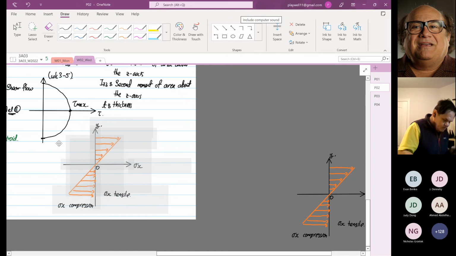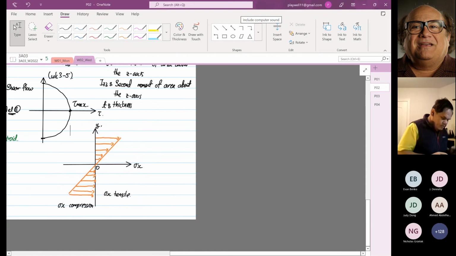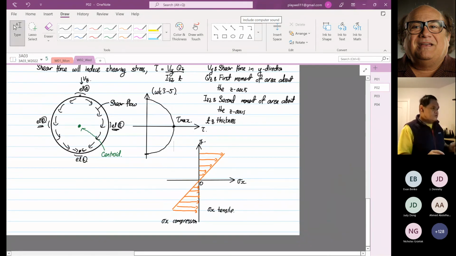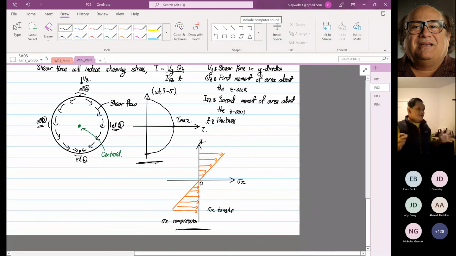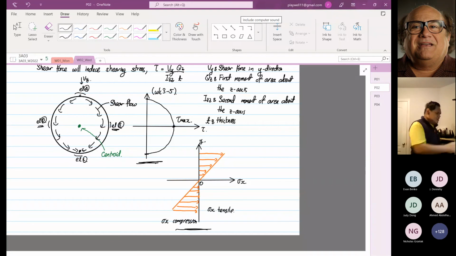What you see is a diagram. The one over here is the shear stress distribution. Over here is the normal stress distribution. What do you see that is intriguing? Can anyone see anything interesting about the normal stress and shearing stress distribution?